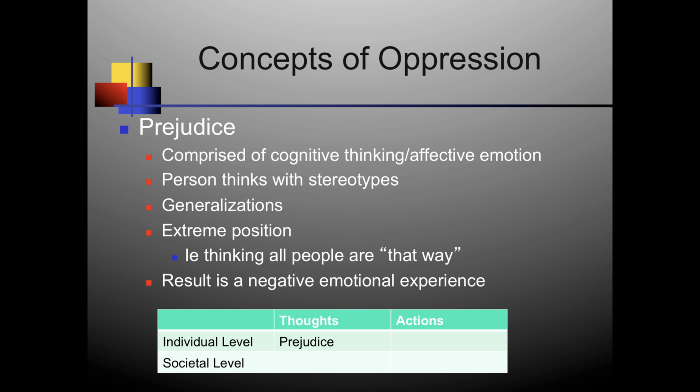Prejudice, on the other hand, is referring to a thought level, and generally emotions are tied to those thoughts. It occurs at the individual level. Prejudice is a prejudgment or forming an opinion before becoming aware of the relevant facts of a case.